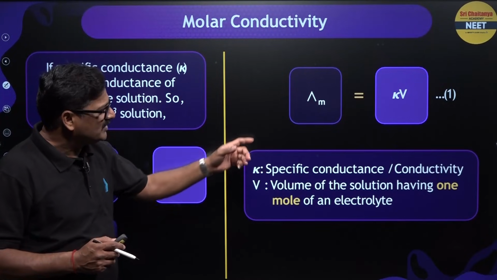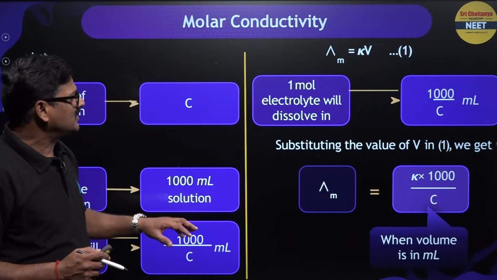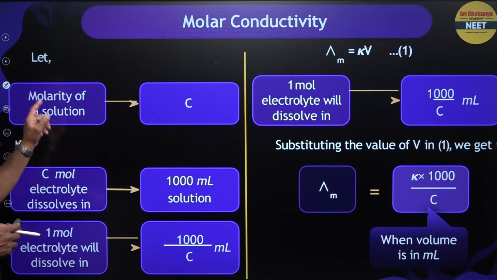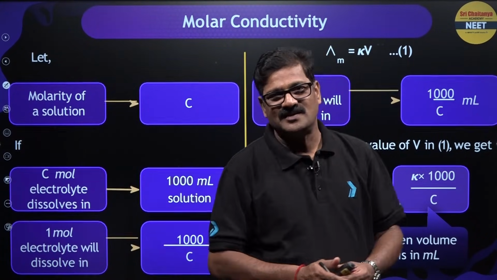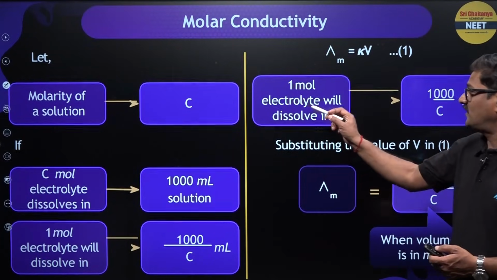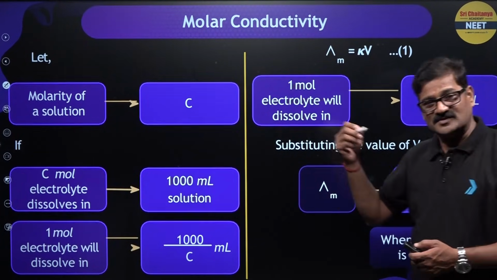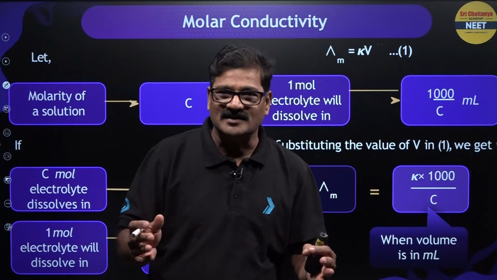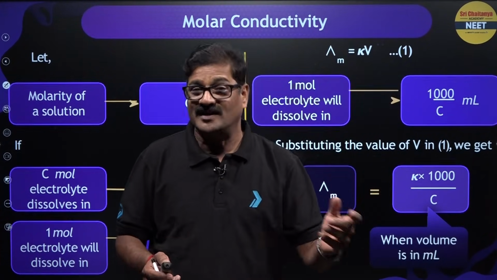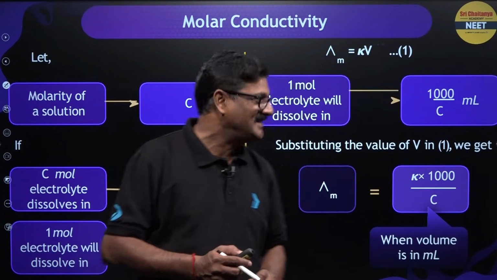You can simply use this K value. When the concentration is C, the molarity, 1 mole of electrolyte will dissolve in 1000 by C milliliters. Usually you take measurements experimentally in milliliters, but you solve the questions in liters.